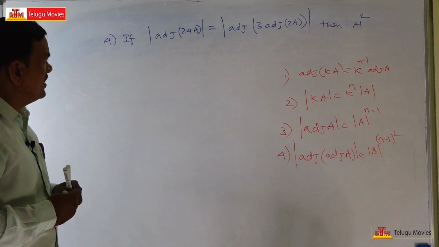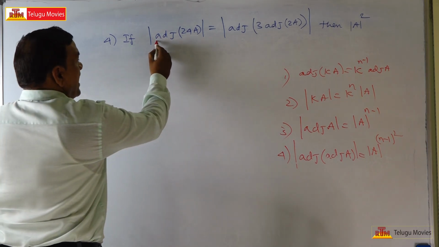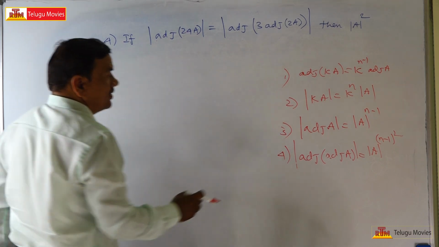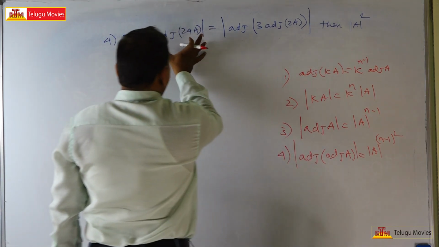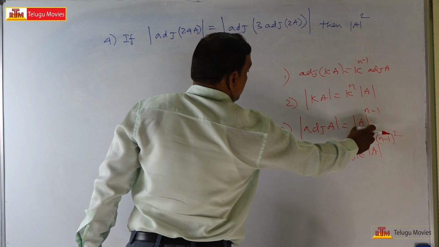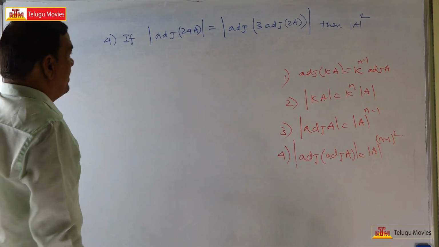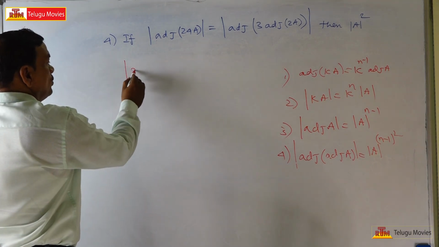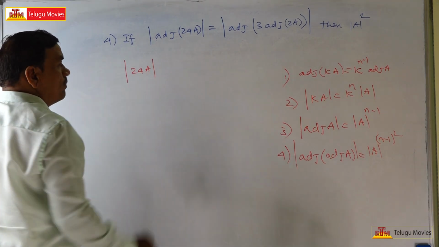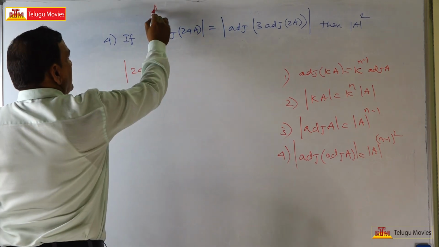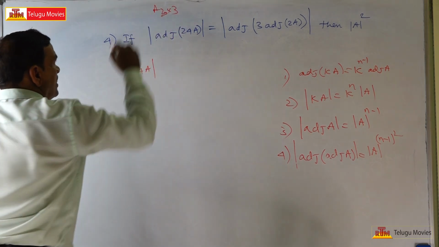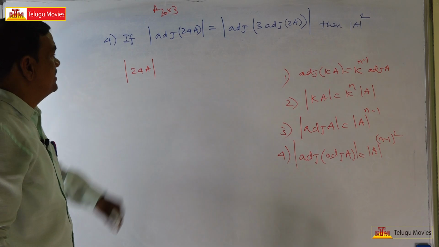Okay, now first observe here: adjoint of 24A, and of course the determinant is there. This is equal to det 24A whole power n minus 1. I forgot to tell, A is a 3 by 3 matrix.